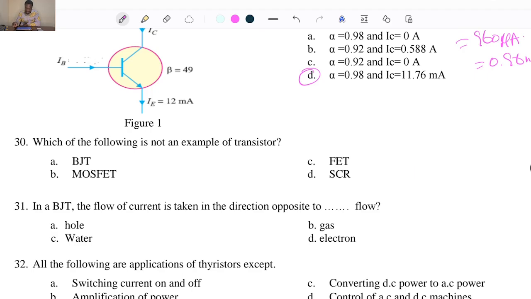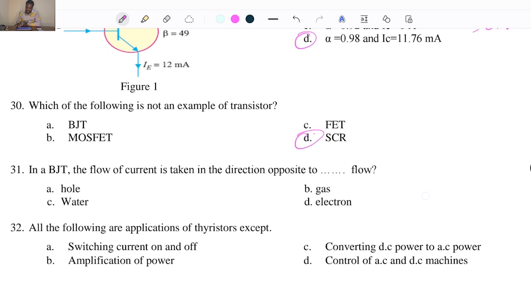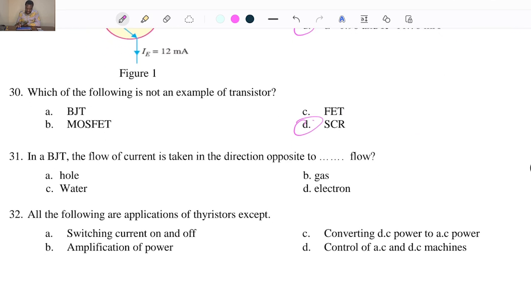Which of the following is not an example of transistor? So here the answer becomes SCR. It's not a transistor. Question 31. In a bipolar junction transistor, the flow of current is taken in a direction opposite to the flow of electrons, right?